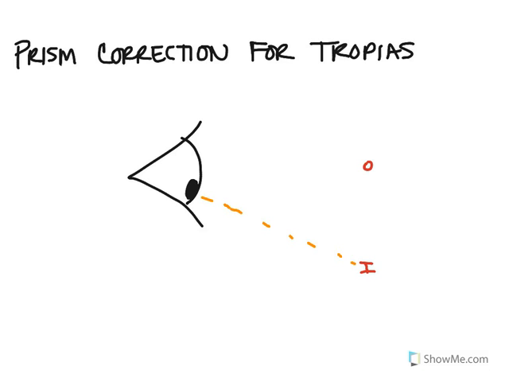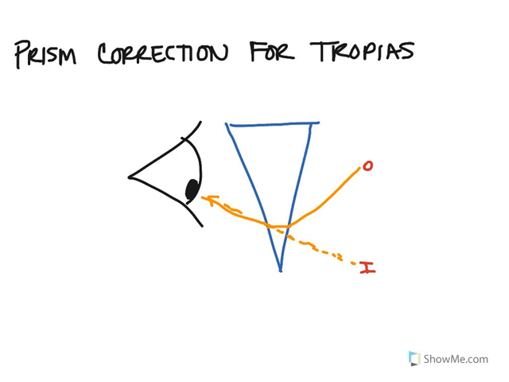So in this case, a base-up prism would take the light from this object and bend it so that it appears to be coming from this direction. I'm going to draw a little better here. So, like this. The light appears to be coming from over here, and the object appears to be straight ahead for that downward deviated eye.